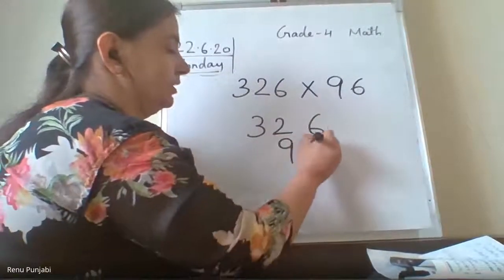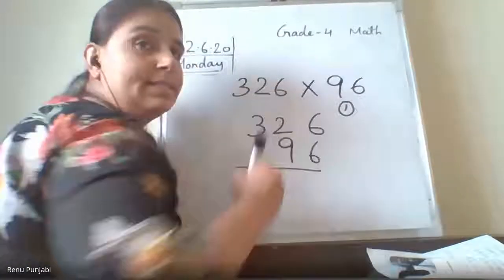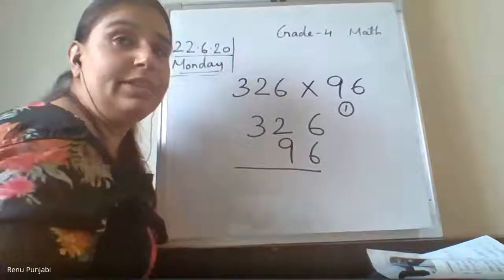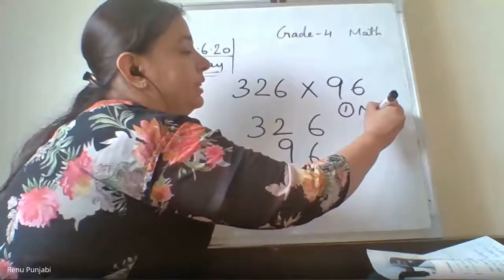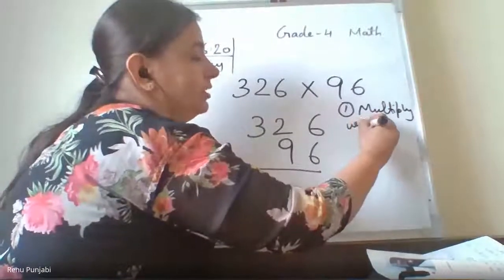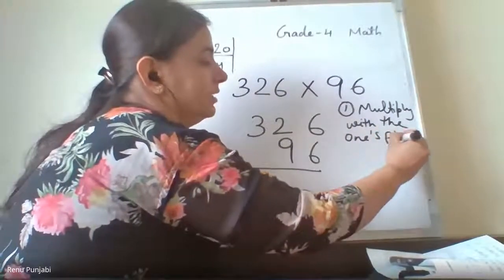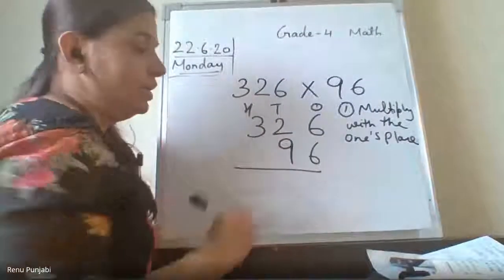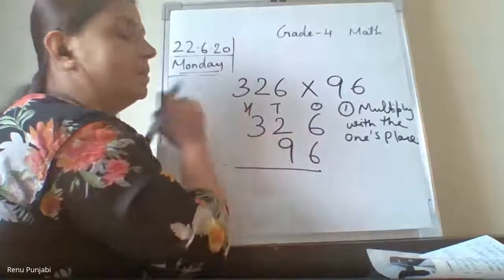Write the number. So, we should follow steps when we have to multiply with the 2-digit number. First step, multiply with the ones place. As you all know, ones, tens, hundreds. So this ones place will multiply with all these three numbers.